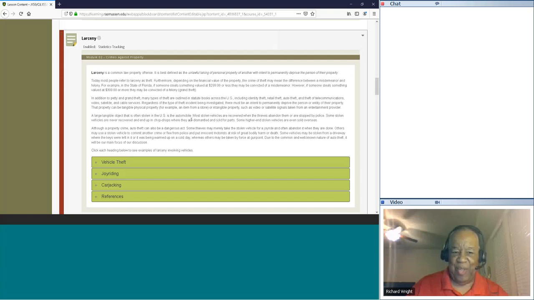And individuals should be aware that you keep insurance so that if your car is stolen, after the deductible, you can at least get some recovery for it. Many of the vehicles that are taken and stolen end up in what we call chop shops, where the parts are sold.